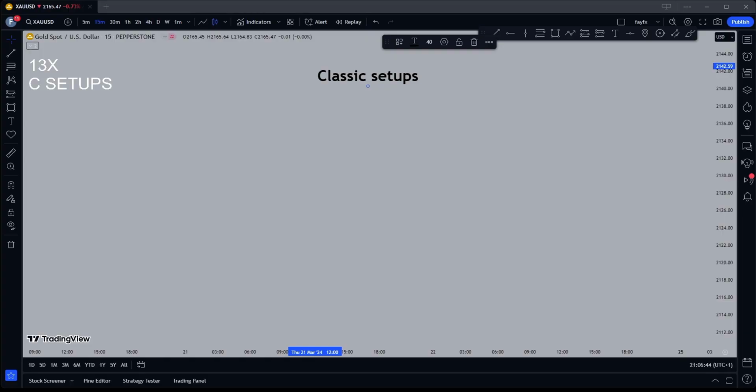We also learned about equilibrium and the order of time frames we should look at when we want to find equilibrium of any given level at any given time frame. Today we are going to see classic setups.